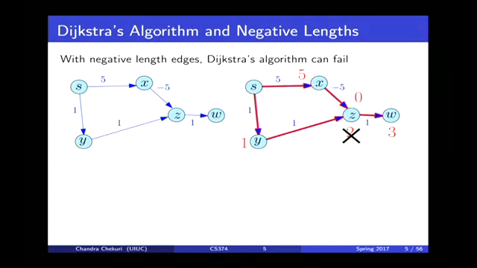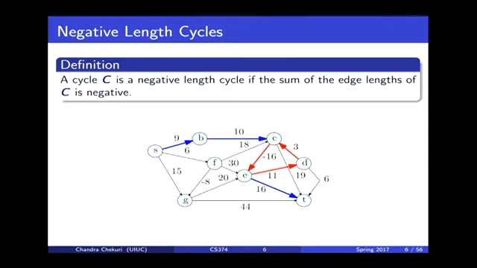There's another issue that comes up in shortest paths with negative lengths. There could be negative length cycles in a graph.